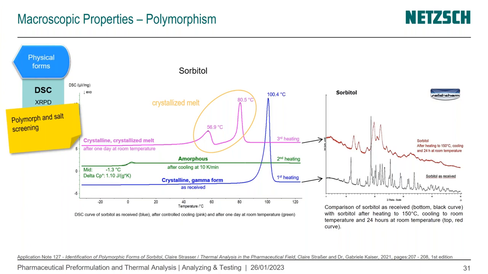Regarding the physical forms, DSC and X-ray powder diffraction can be applied for two different things besides the basic characterization: for polymorph and salt screening.